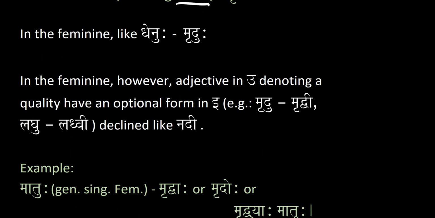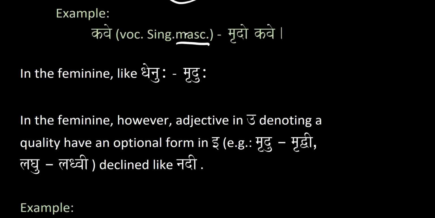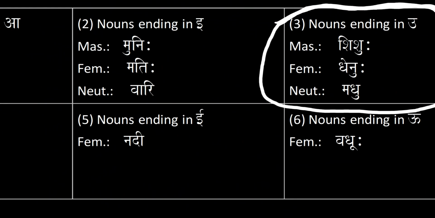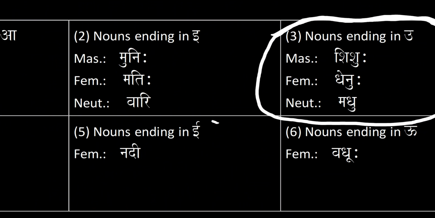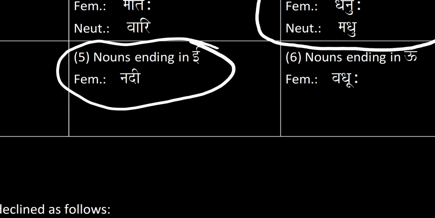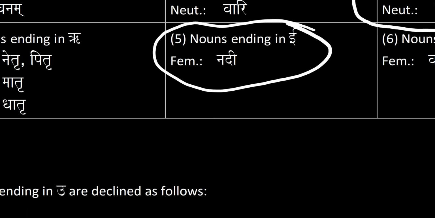In the feminine, adjectives ending in u denoting a quality have an optional form in e. So you can actually decline them like nadi instead of dhenuhu. For adjectives ending in u, we would also consider declining it like nadi.